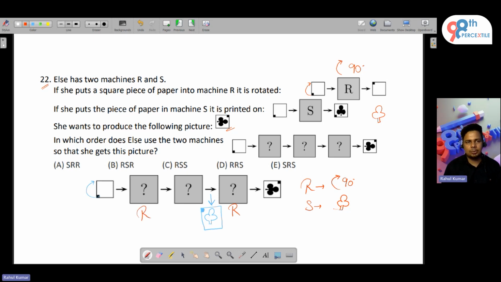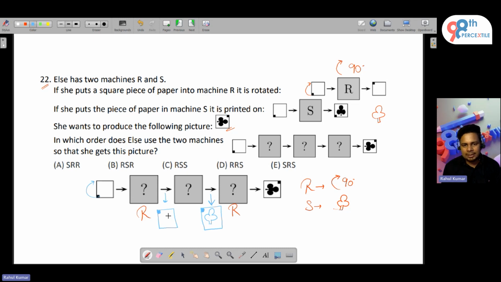Okay, let's try to do this. If we are putting R here, this will move here. So we will just draw the card or paper here, and instead of this, it will move here. So we'll get this over here. So what I did is I had this paper, I put it in the R machine. R is just rotating it 90 degrees, and now we got this one.